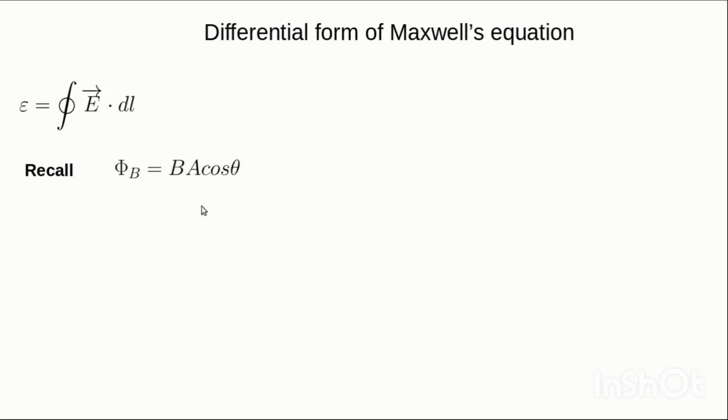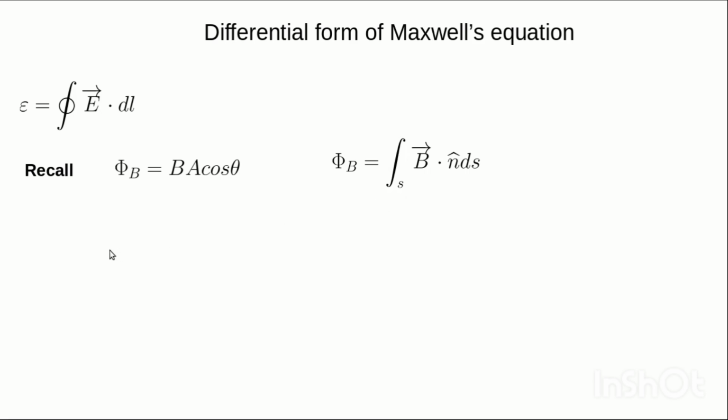This expression can be re-expressed in integral form as magnetic flux equal to the integral of B dot n cap dS, where dS is the change in the surface area. This is the surface integral.